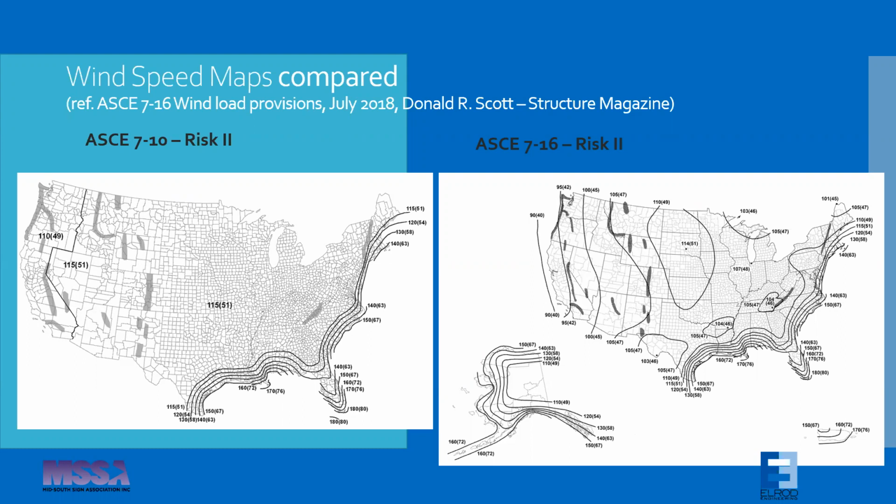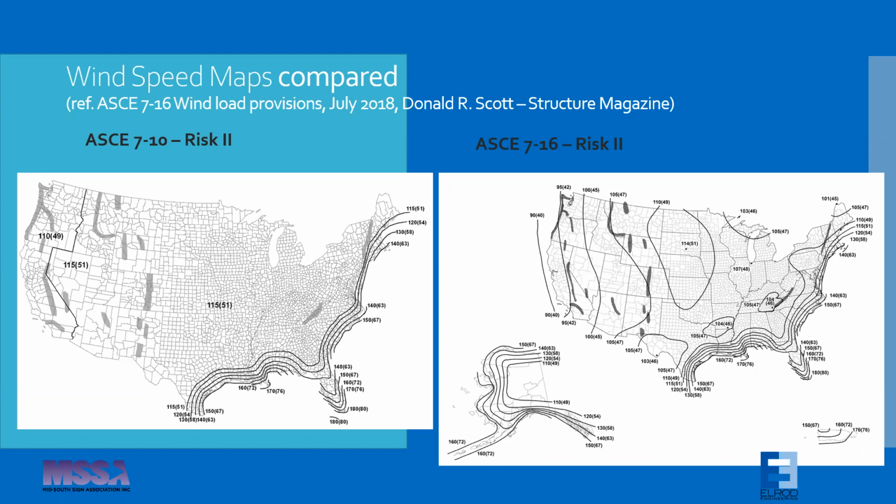So on a wind speed map, you may look at that border between North Carolina and Tennessee, and if you were doing a job in Cherokee, North Carolina, you might say, oh, it's going to be 105 miles an hour. There's actually a special wind study that has been done, which could show higher wind speeds.